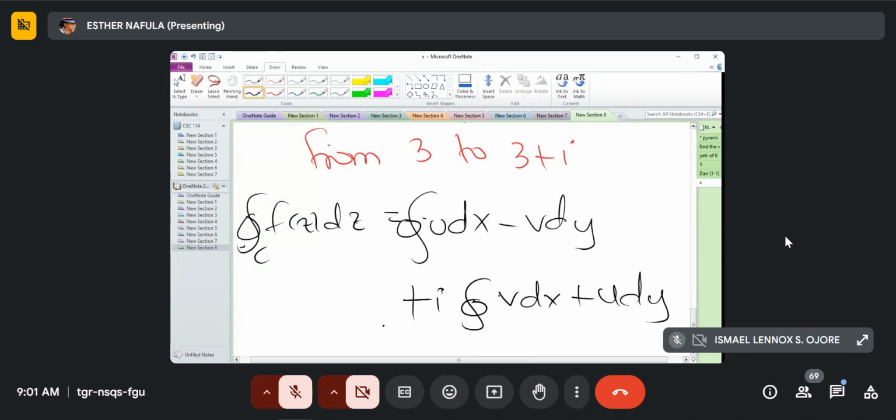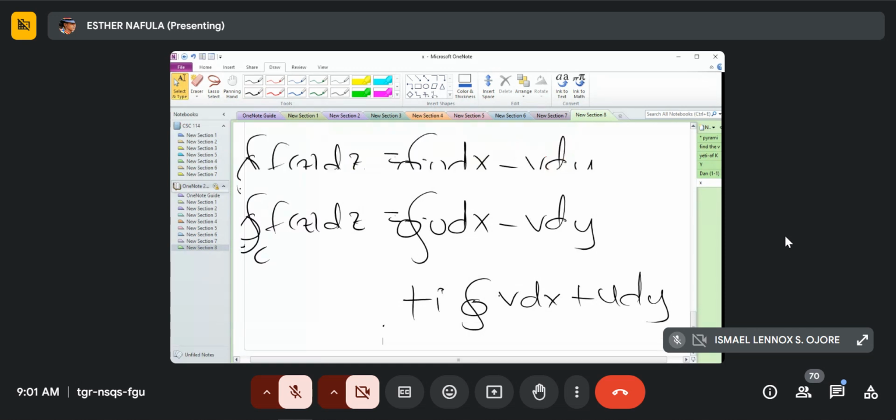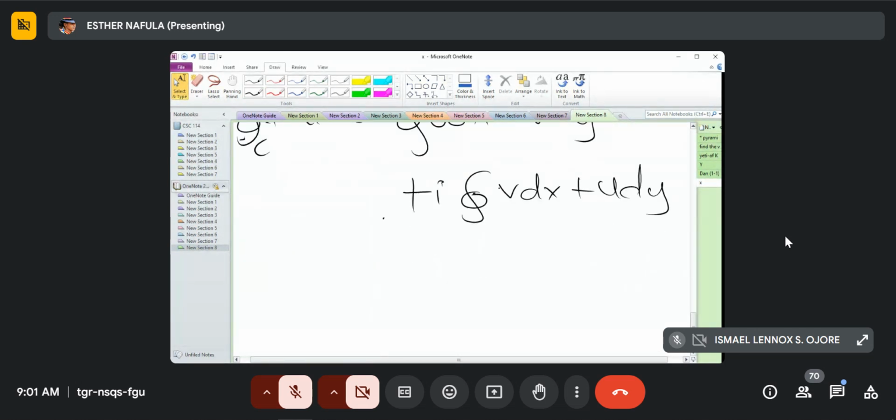Clearly, you need to extract your u and v from the function f of z. So you have to use x plus iy and perform the necessary operations.